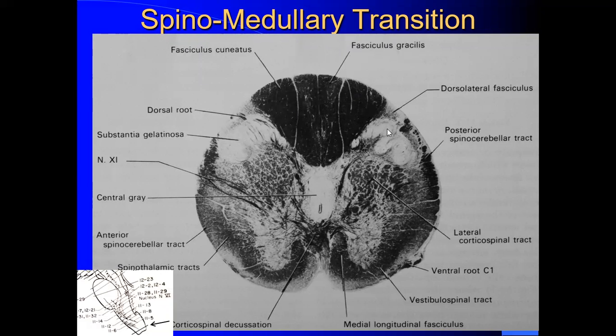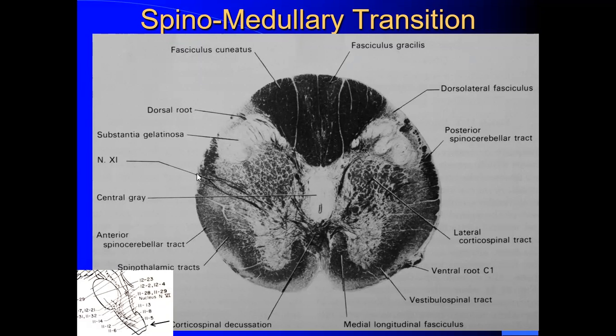We are at the spinomedullary junction. And so here's the dorsal root of cervical 1. And here's going to be the ventral root down here of cervical 1. Now, the substantia gelatinosa is an upward extension from the spinal cord, and we will be dealing with that when we talk about sensory systems.